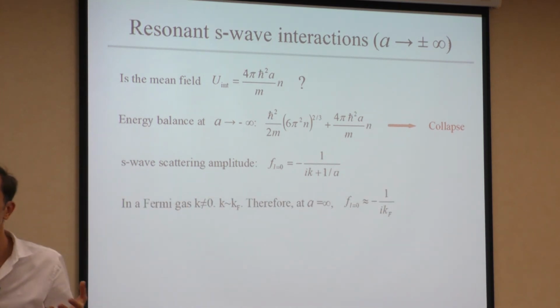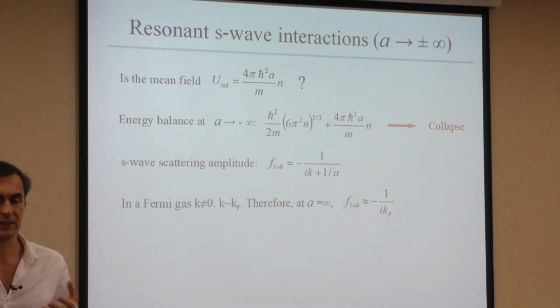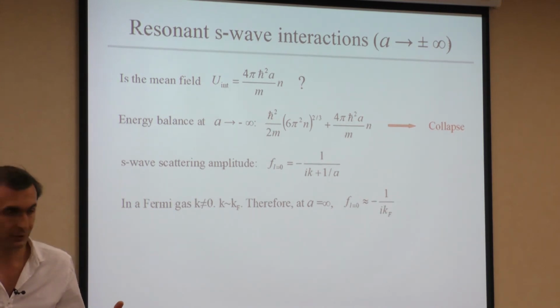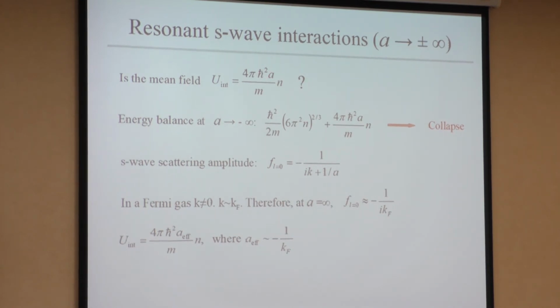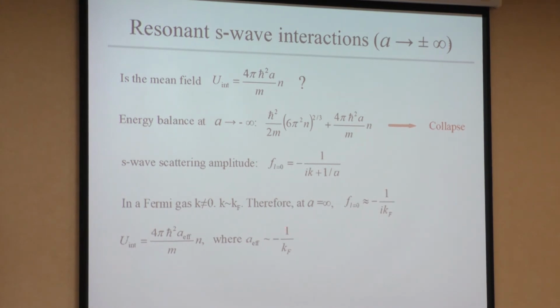And in the Fermi system, the scale of momentum is the Fermi momentum. Therefore, the scattering amplitude does not become infinite, and in the expression for the interaction energy, instead of the zero energy scattering length, we should substitute some effective scattering length, which is on the order of 1 over momentum.